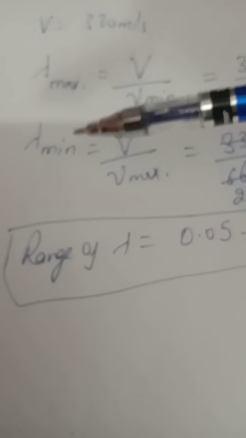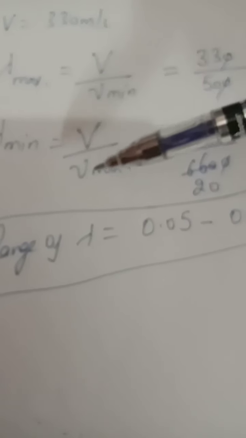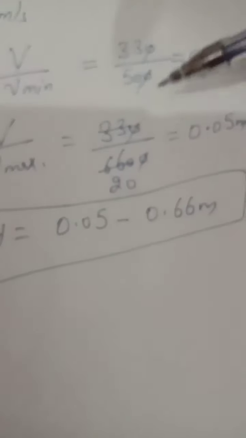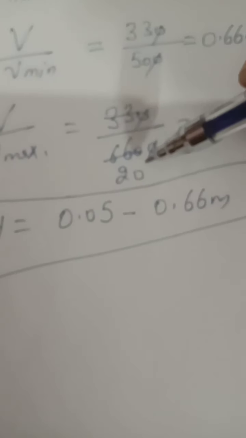Similarly, lambda minimum is v over nu maximum, because they have an inverse relation. 330 divided by 6600 gives 0.05. So the wavelength range of the sound waves is between 0.05 and 0.66 meter.